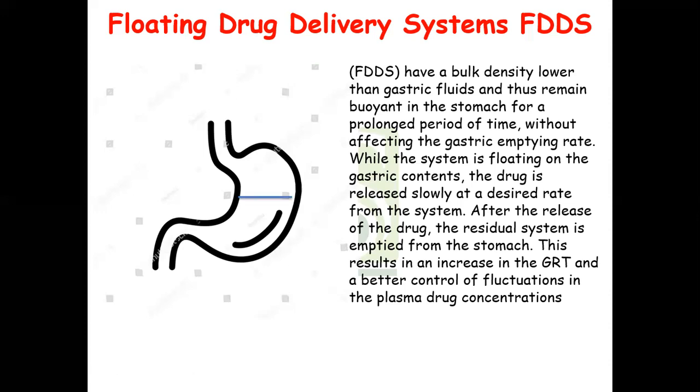So now if this is your volume of the gastric content, and if you take in the floating system, the system will float on the gastric content, and when the time for gastric emptying occurs, the level will fall down. Now as the level is falling, still this system will remain buoyant on that gastric content. It won't settle, or it won't pass into the intestine.